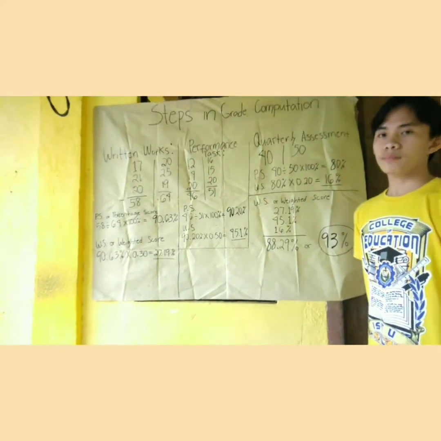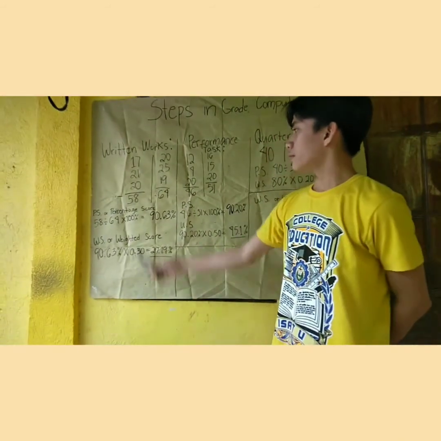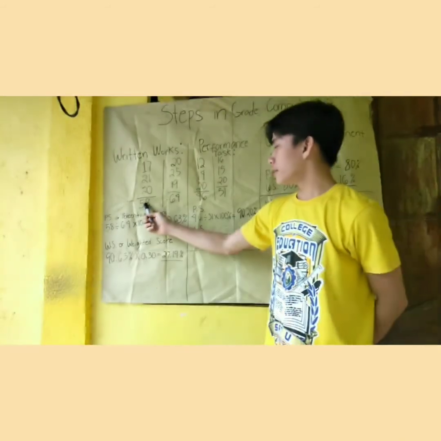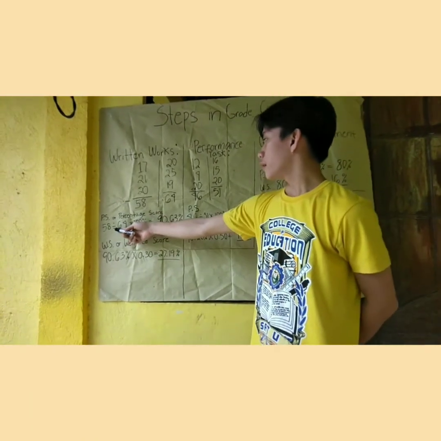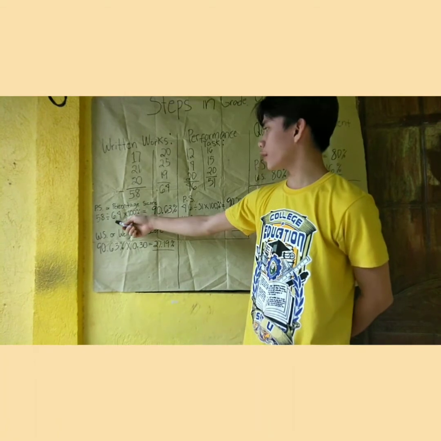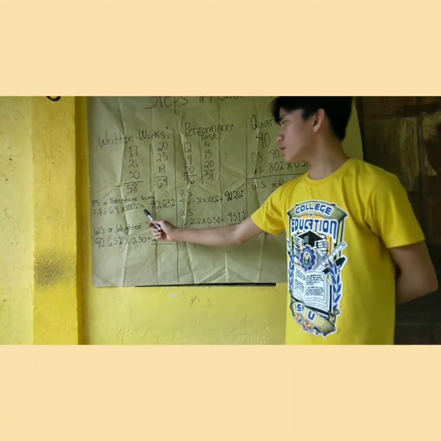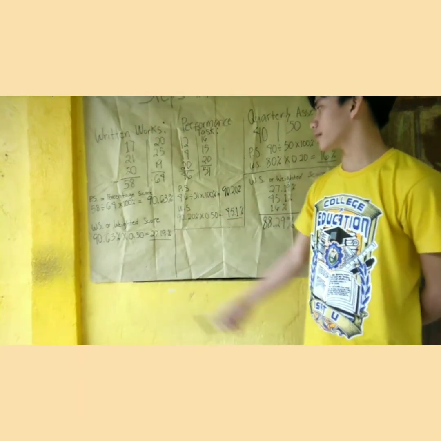The second step is we have to get the PS or the percentage score. Example, in written works, 58 is the learner's raw score divided by the highest possible score, which is 64, then multiply it by 100%, equals 90.63%.